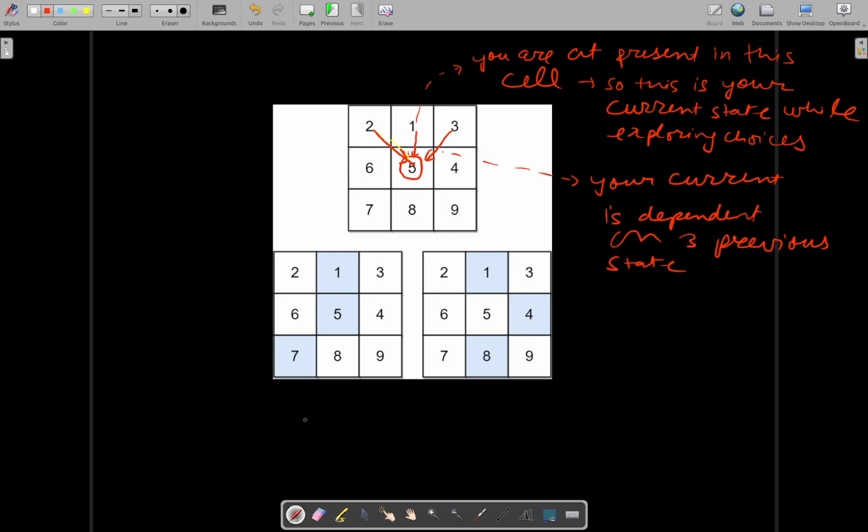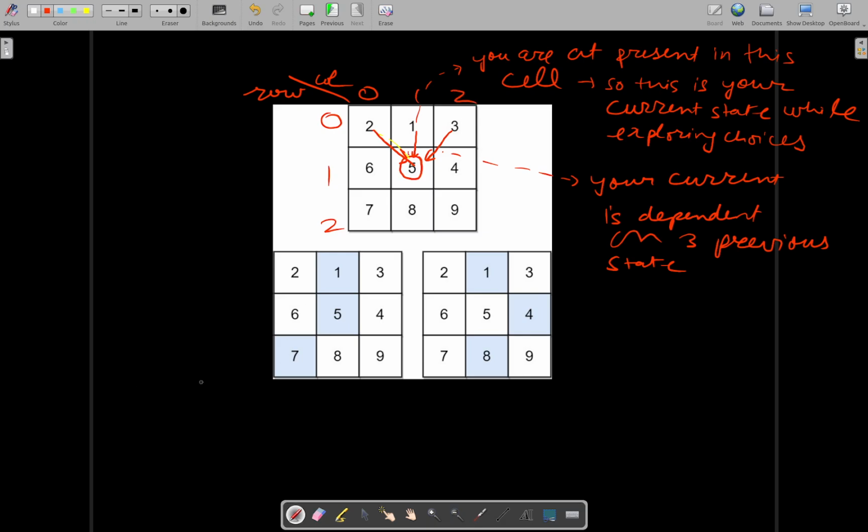What are those states? First of all, you should be determining what are the variables defining the current state. So the current state variables are, let this be row, let this be column. So 0 1 2, 0 1 2.